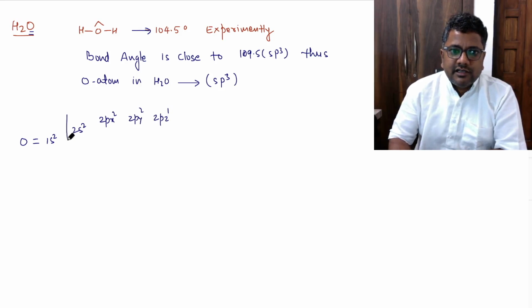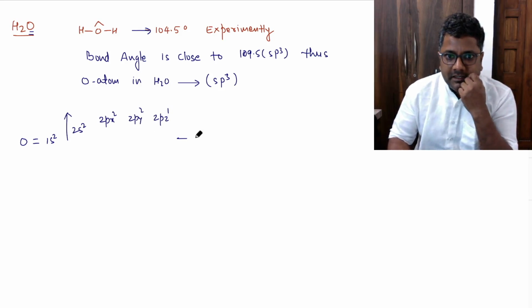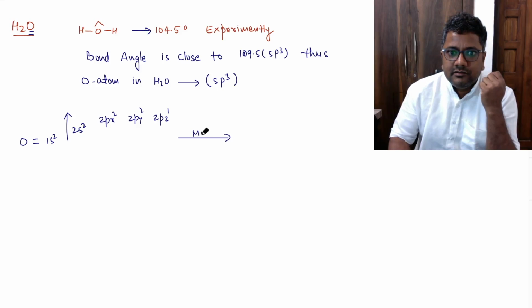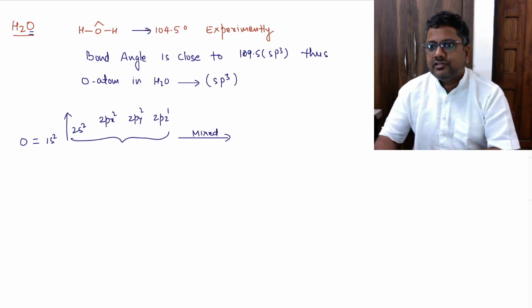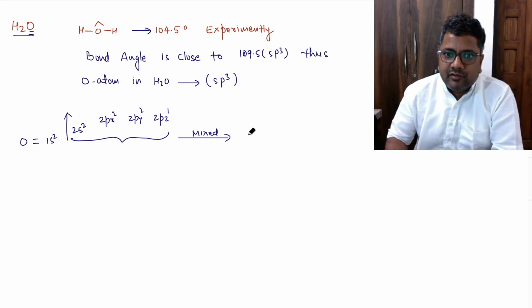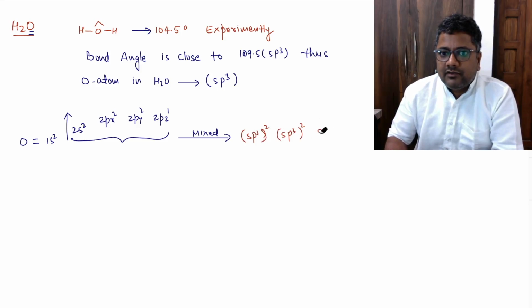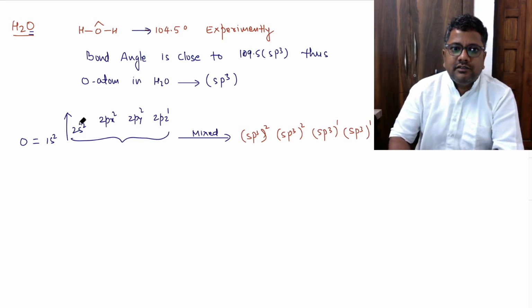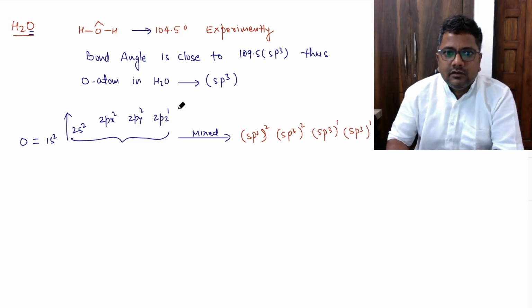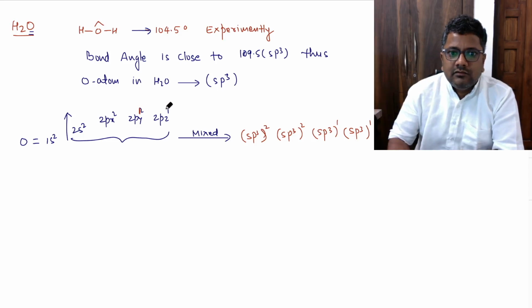Now see, this is the energy, and all these orbitals are mixed, and after mixing it will produce sp3 orbitals: one sp3 with 2 electrons, another sp3 also with 2 electrons, and 2 sp3 with 1 and 1 electron, right?